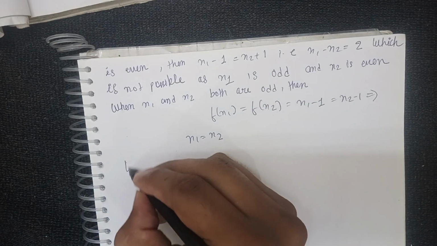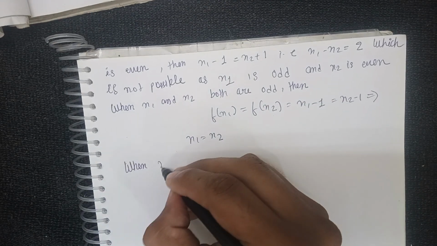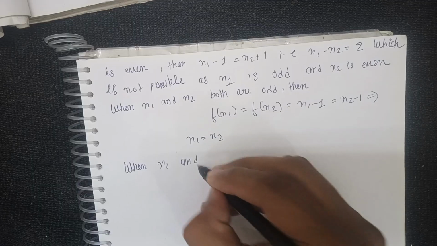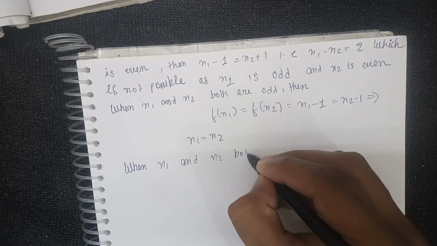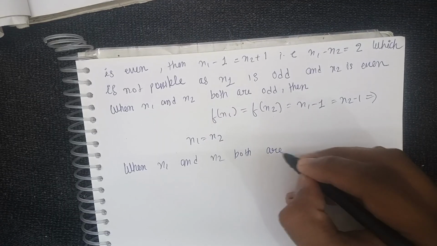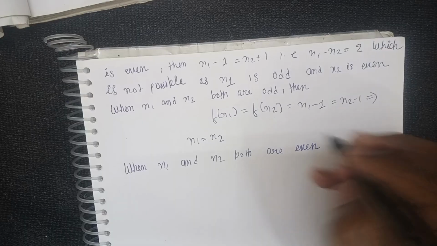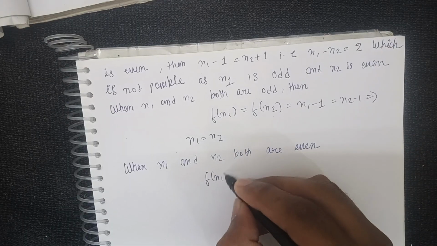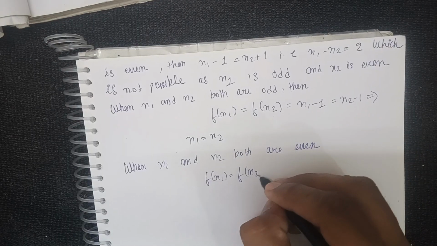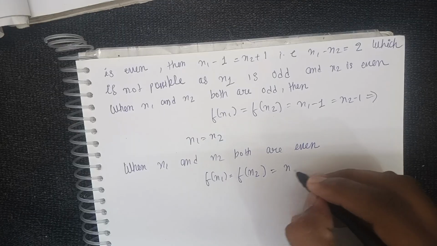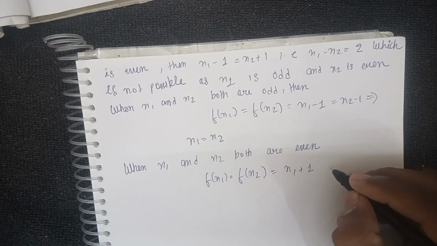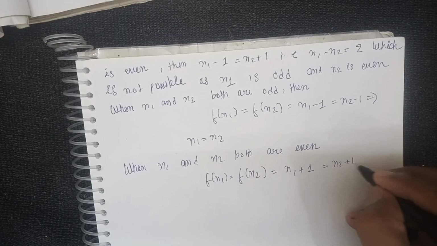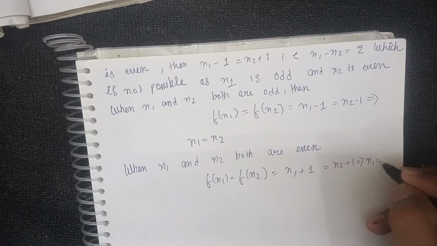When n1 and n2 are both even, f(n1) = f(n2) gives n1 + 1 = n2 + 1. Therefore, n1 = n2.